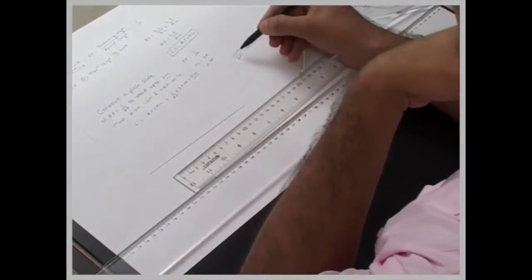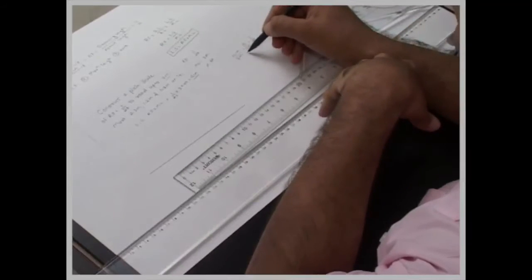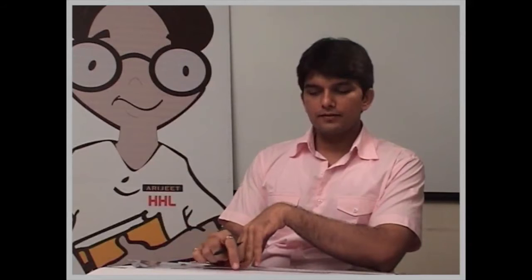You understood? In exam, they might give you a sum like this: construct a plane scale where 15 centimeter is marked as 3 meter. Then we have to find RF this way, 15 centimeter upon 3 meter, 15 by 300 equals 1 upon 20.